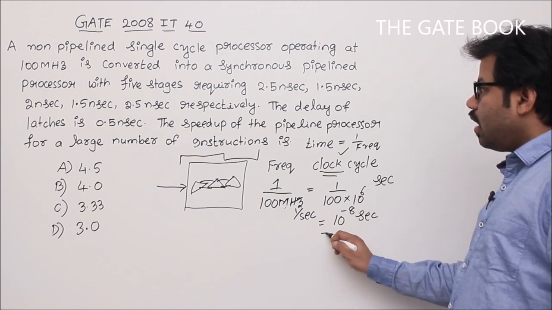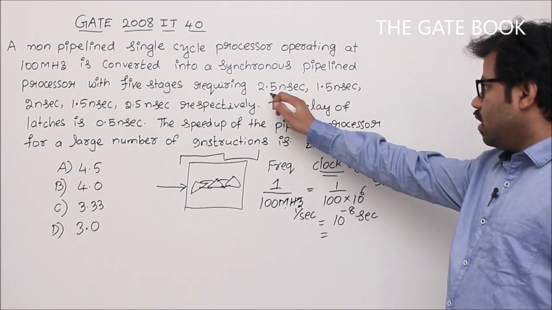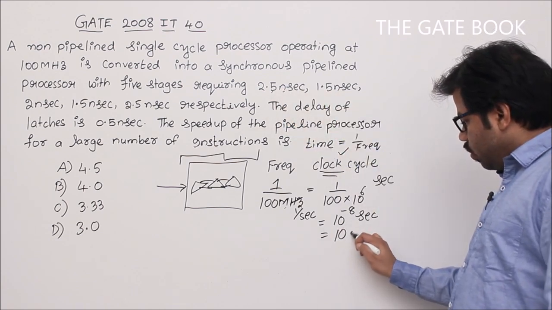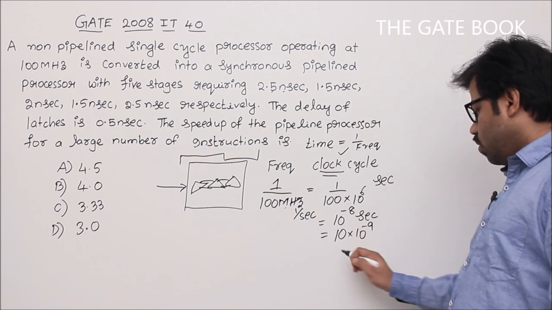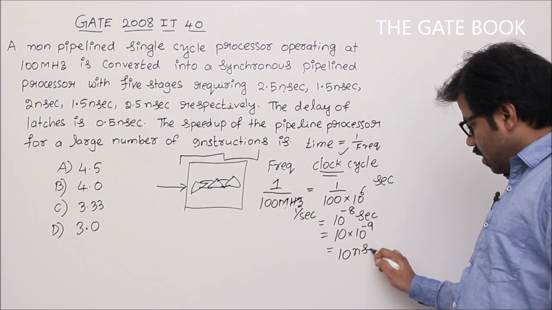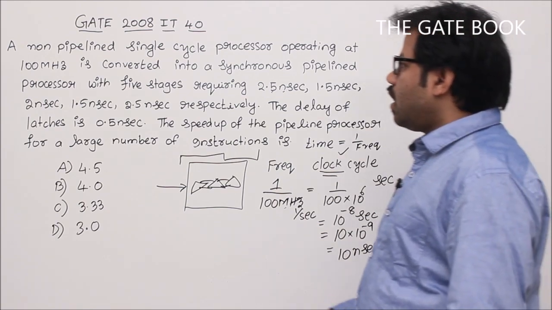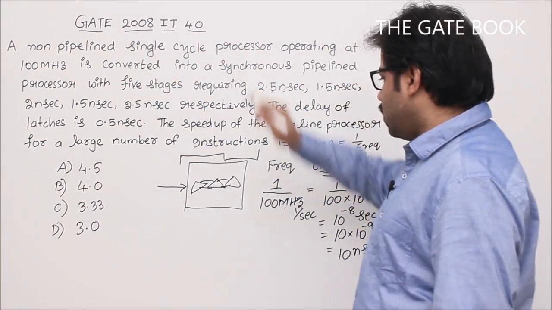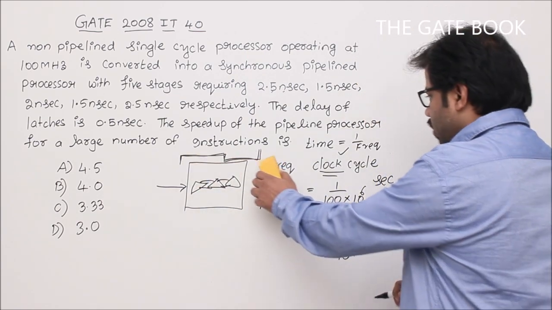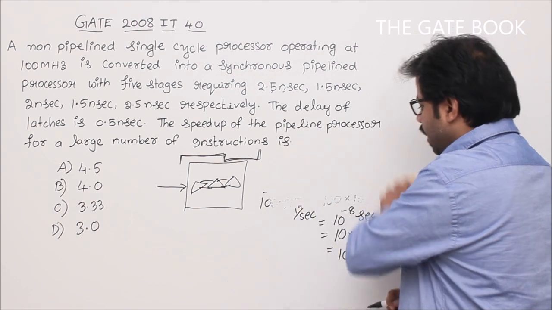Converting to nanoseconds, since we have some values in nanoseconds, it is 10 into 10 to the power of minus 9. Finally, in the first non-pipelined single cycle processor, the time period is 10 nanoseconds. Just remember it: 10 nanoseconds.